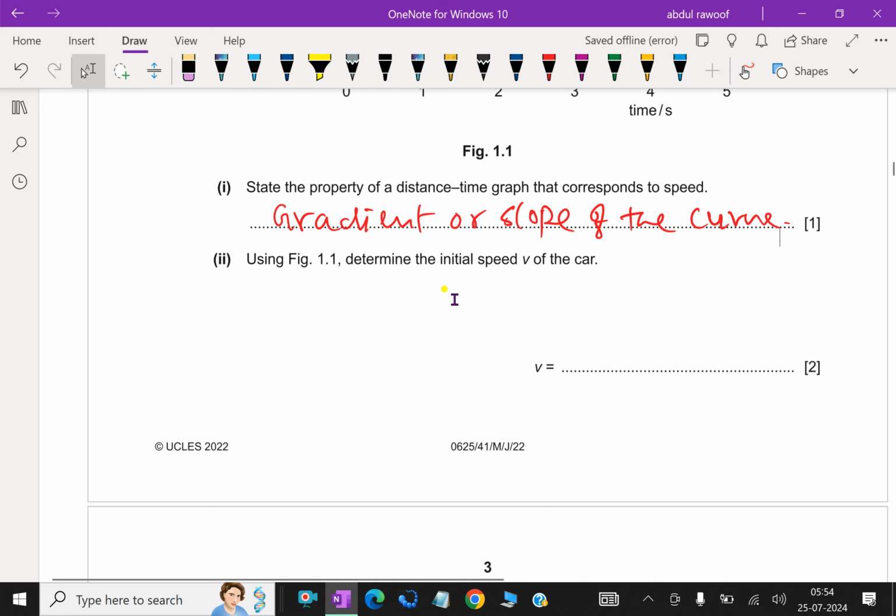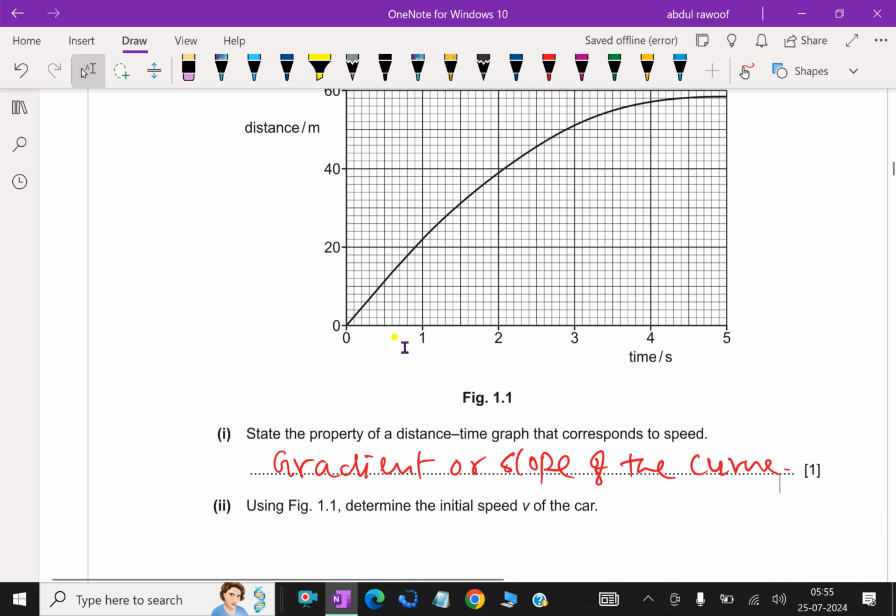Using this figure, determine the initial speed v of the car. Here, for the initial speed, how to calculate, look here. Now, we have to take some points. At time 1 second, this distance is 22, because here each big division is 20, then 10 lines are there, each small line has 2.